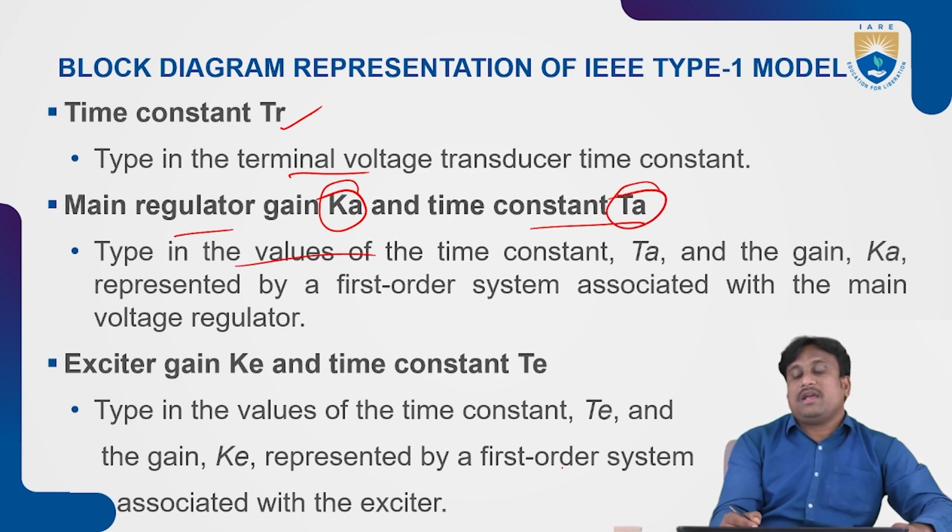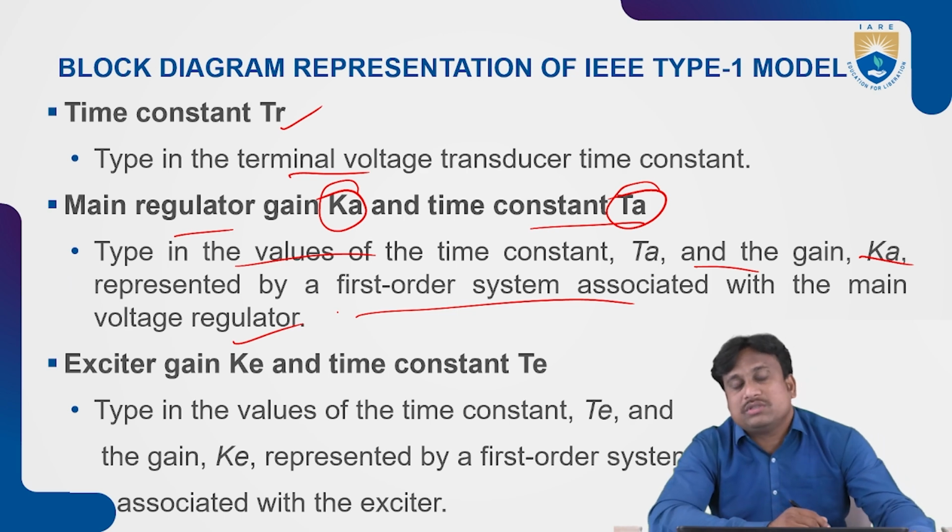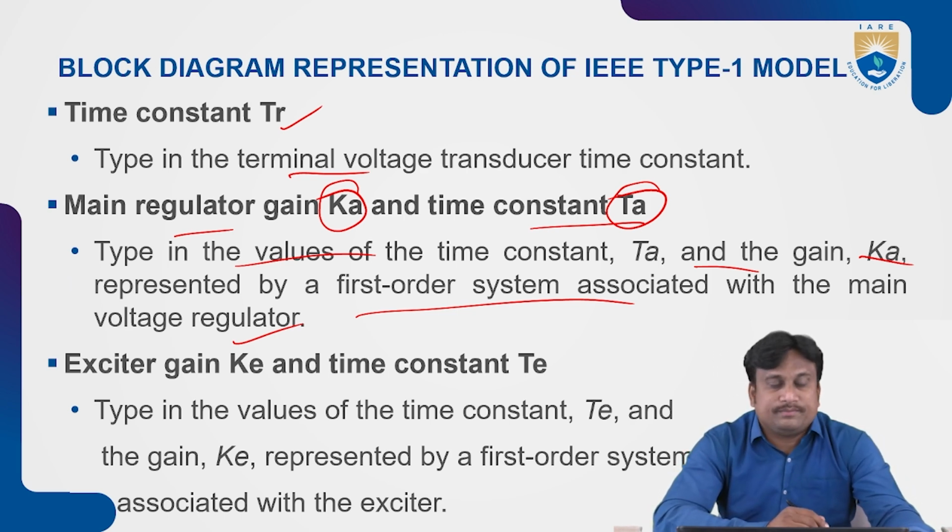The values of the time constant TA and the gain Ka are represented by a first order system. That means with the main voltage regulator, these are capable of running the whole system suitably.